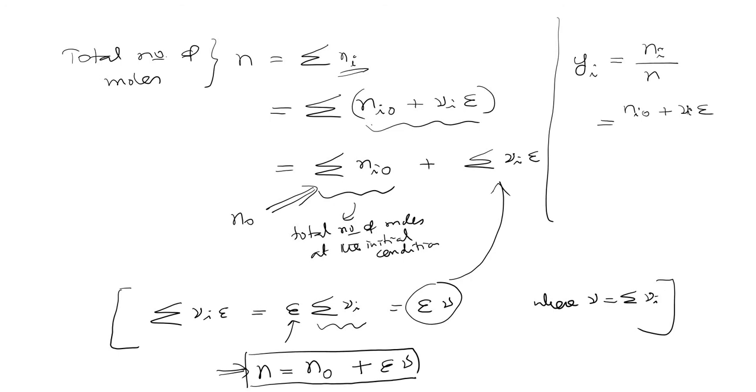Ni naught is nothing but the number of moles of the ith species at the beginning of the reaction. And nu I is the stoichiometric number of the ith species and epsilon is the reaction coordinate, divided by the total number of moles. What is the total number of moles? It is nothing but N0 plus epsilon into nu. This is the formula we are going to use to find the mole fraction of the ith species in a reaction mixture.